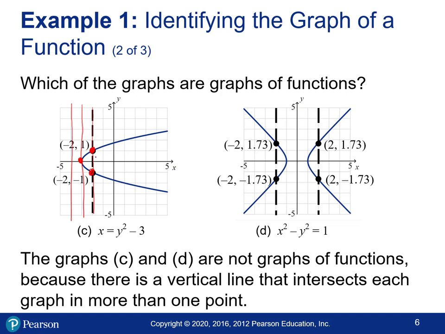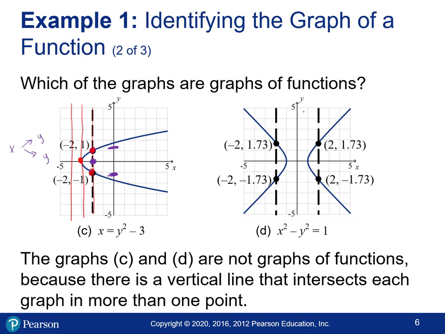If you think about it, for this x value on my x-axis, this x value has this y value corresponding to it and this y value corresponding to it, because that's where the points are. So one x gave us two y's, and that is not a function.